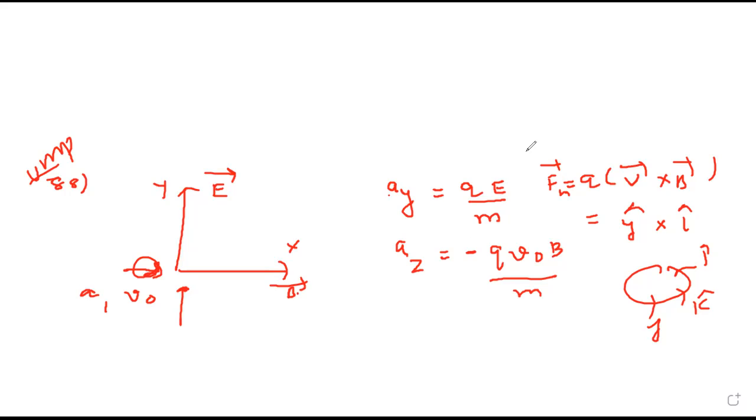What is the velocity in terms of the y coordinate? Since acceleration along y is qE upon m, and acceleration means rate of change of velocity with respect to time, dv/dt is qE upon m.